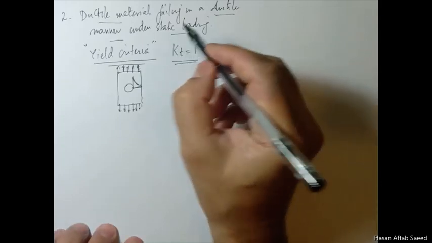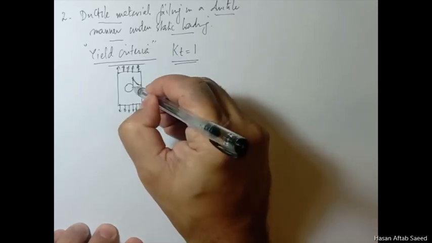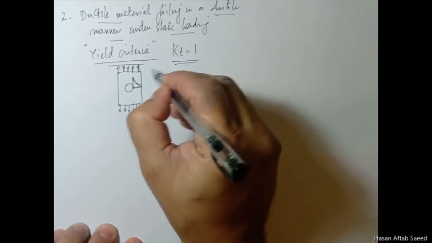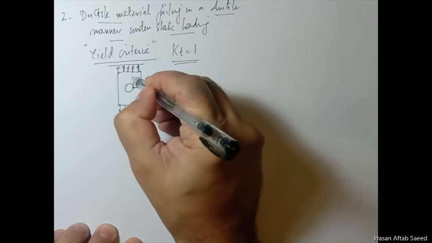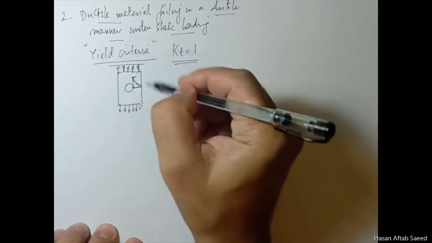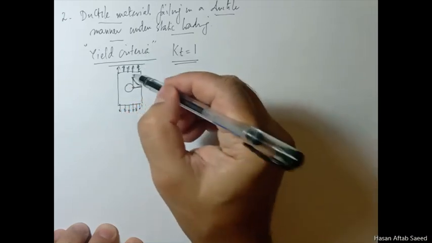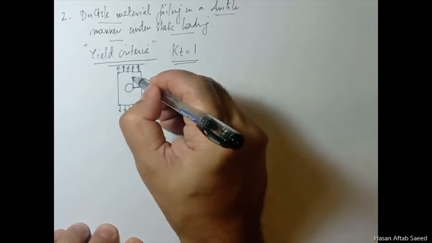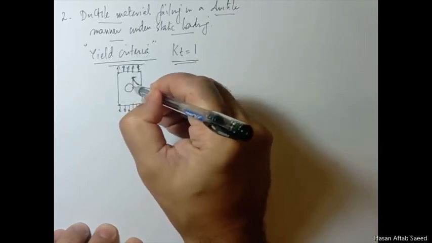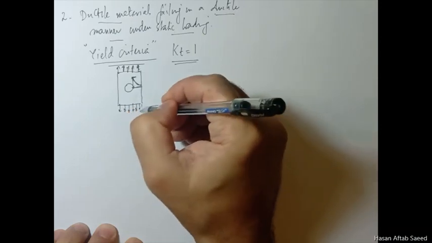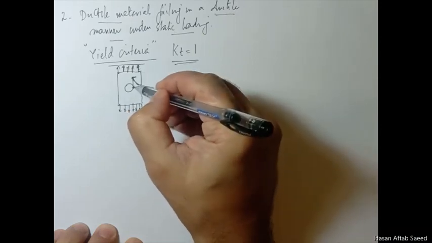What happens is, because it's a ductile material, it yields here, and obviously when something yields, then there's a limit applied to how high the stress can increase. Even if you consider the strain hardening, there's a limit applied here. So if this yields, you keep on applying the load, then the next section yields, and so on.